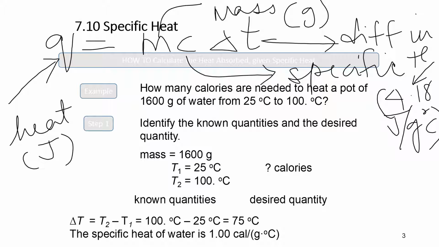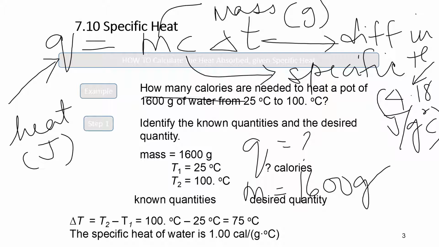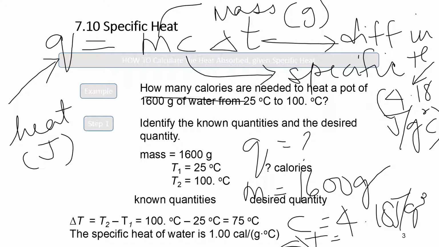In this case, they are asking how many calories, so we need Q. We've been given M, 1,600 grams. You've been given C, it's 4.18 joules per gram Celsius. And the delta T, or the difference in temperature, is the final temperature, 100, minus the initial temperature, 25.